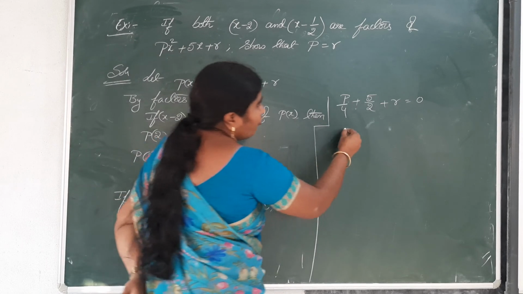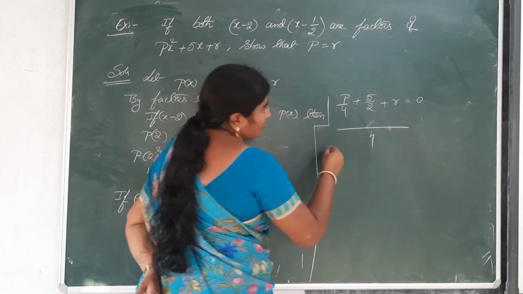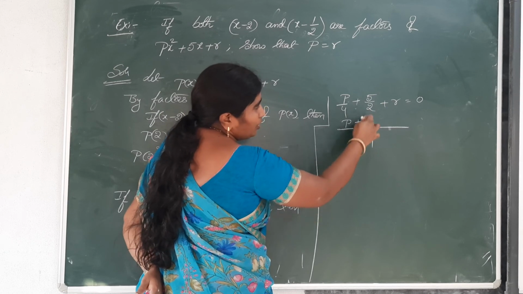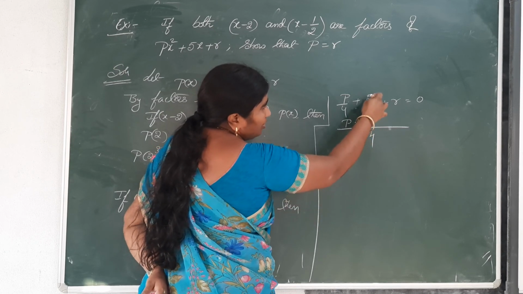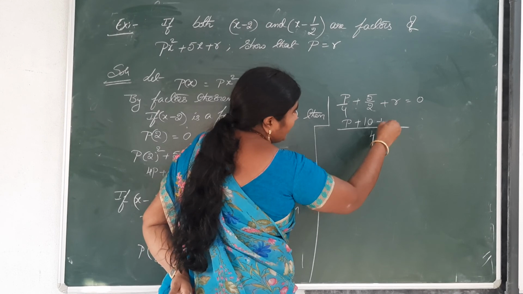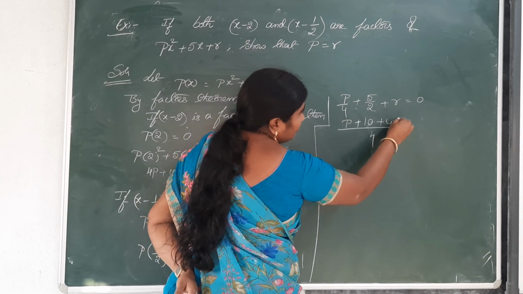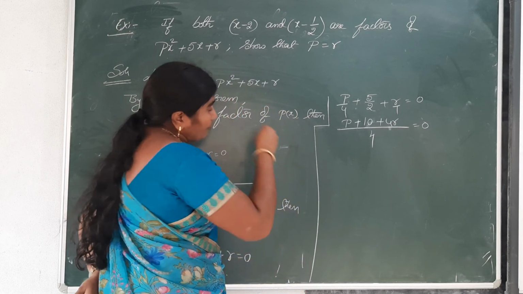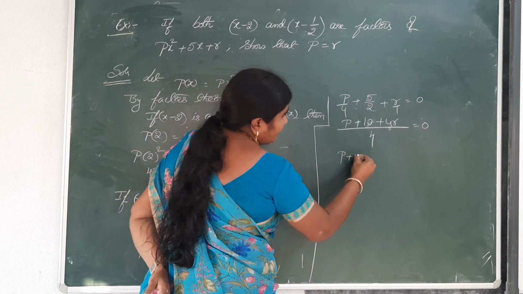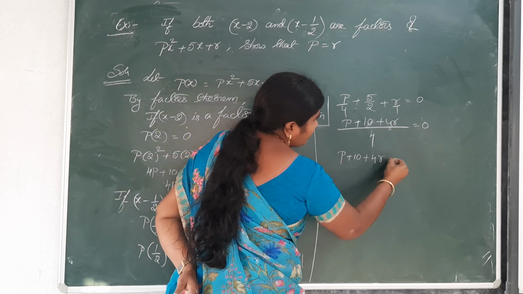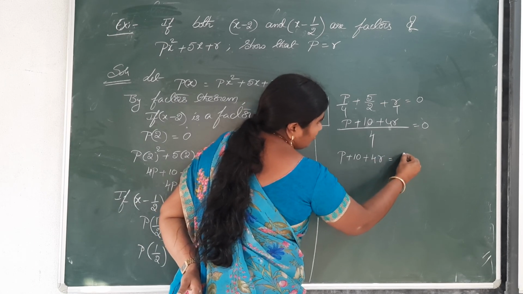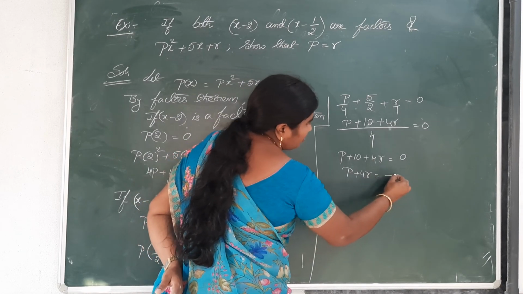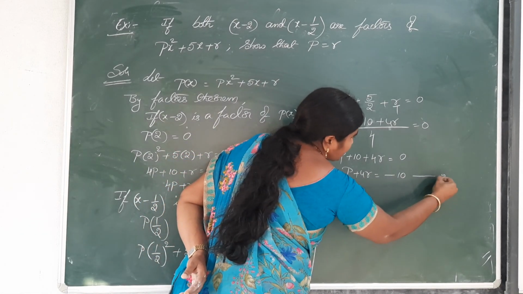Here the LCM is 4. P plus 2 into 5 gives 10, plus 4R, over denominator 4, equal to 0 into 4 is 0. Then P plus 10 plus 4R equal to 0, so P plus 4R equal to minus 10. This is equation 2.